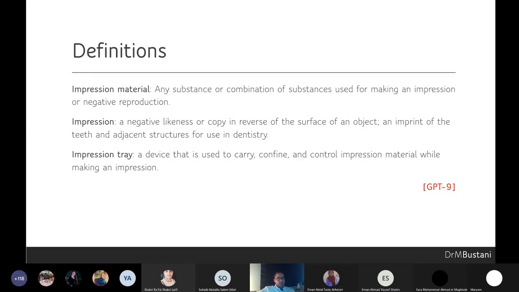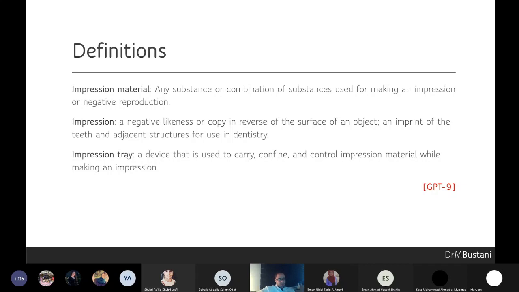An impression is a negative likeness or a copy in reverse of the object that you are taking an impression of. In dentistry, it's the imprint of the teeth, the adjacent mucosa, gingival margins, and the palate, and sometimes we take part of the soft palate or the tongue in the case of maxillofacial prostheses also. So in short, it's an imprint of the teeth and the adjacent structures in dentistry.